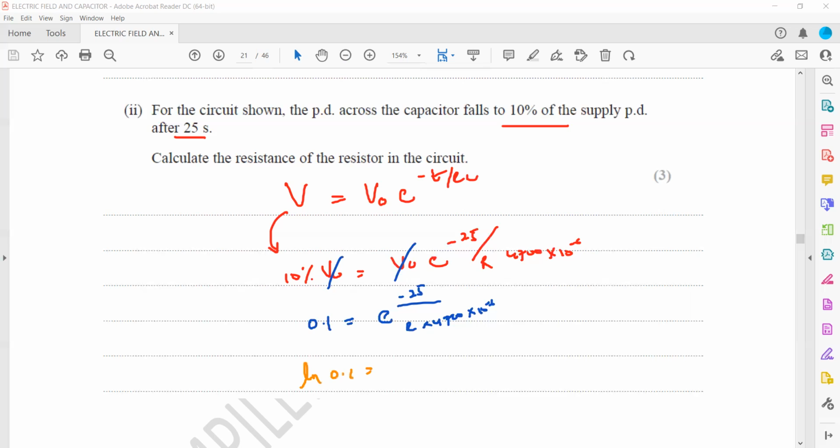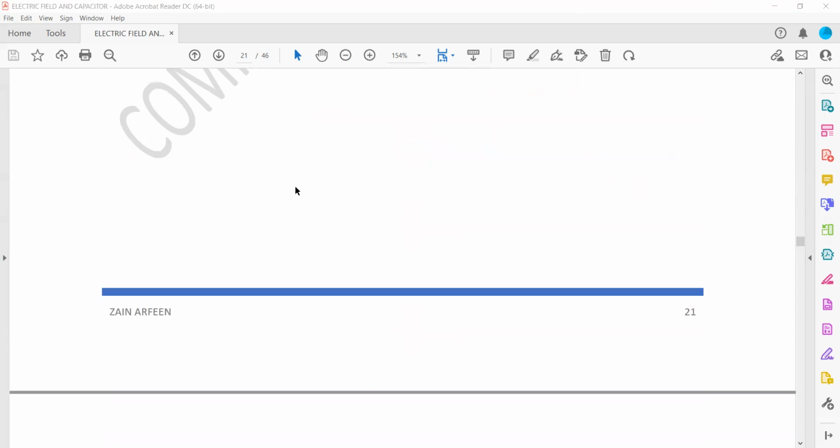So ln 0.1 is equal to minus 25 divided by R into 4700 into 10 to the power minus 6. When we simplify to get the value for R, ln 0.1 goes into the division, and it gives us 2300 ohms of resistance.